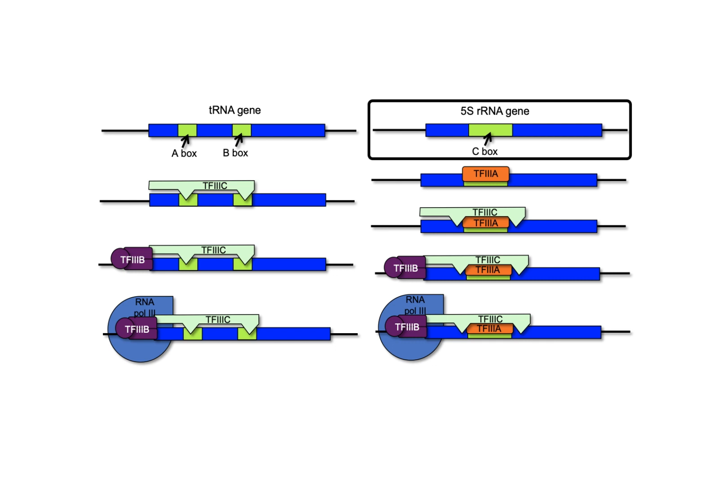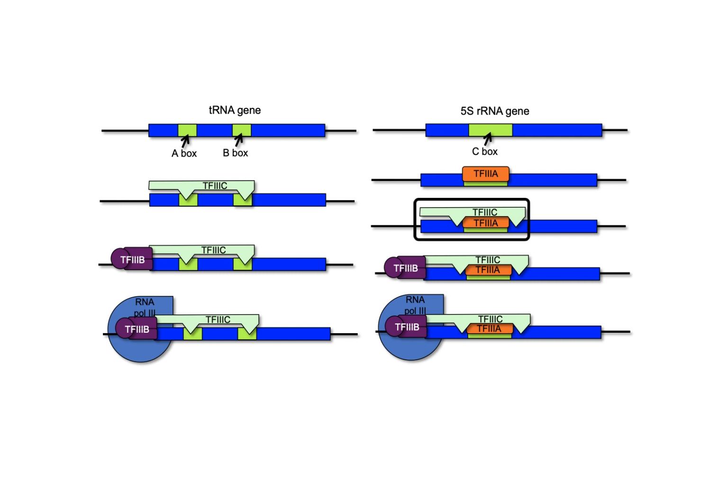But in eukaryotes also, the part of the promoter is within the gene again, and in this case there's a C box which attaches to transcription factor 3A, that then attaches to transcription factor 3C, but there are no A and B boxes, and then that attaches the transcription factor 3B, which then positions the RNA polymerase 3 at the beginning of the gene to start transcription.